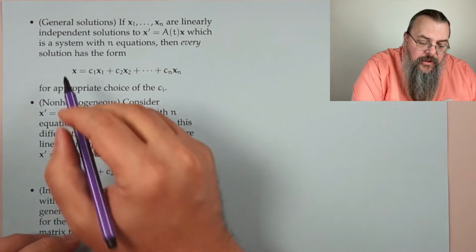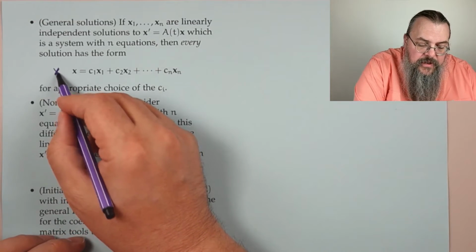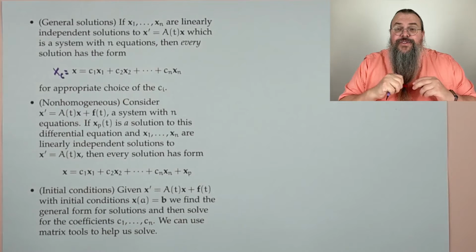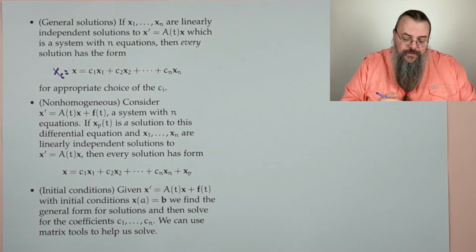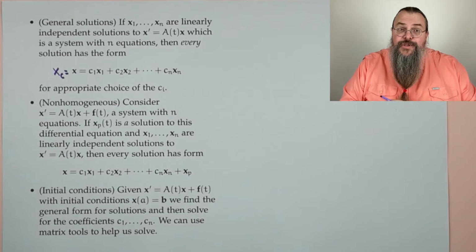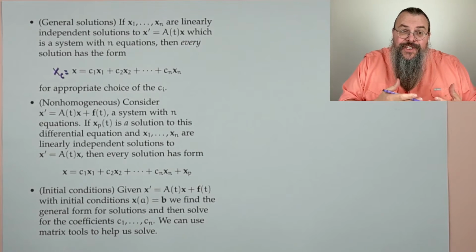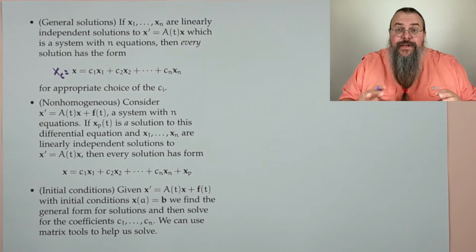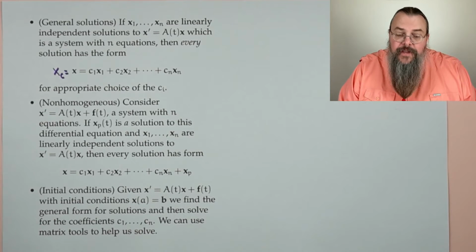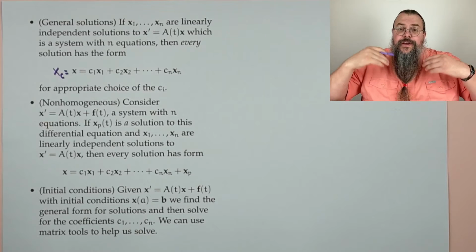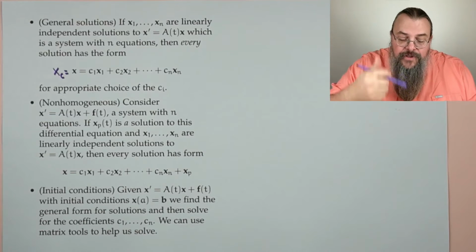So another way to think about what we have here is that this is our xc, our complementary solution, right? Complementary solution being that we solve the homogeneous part. Well, what if we have something non-homogeneous? Well, that could happen, but don't worry, we have ways to handle that. So remember, for non-homogeneous, we find a solution.